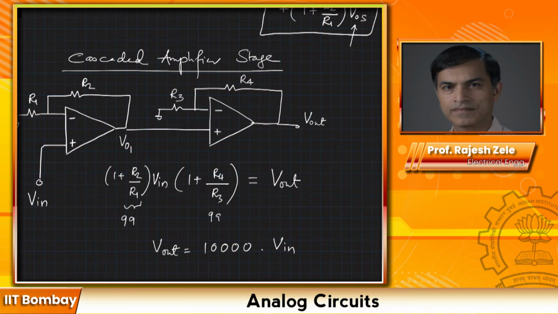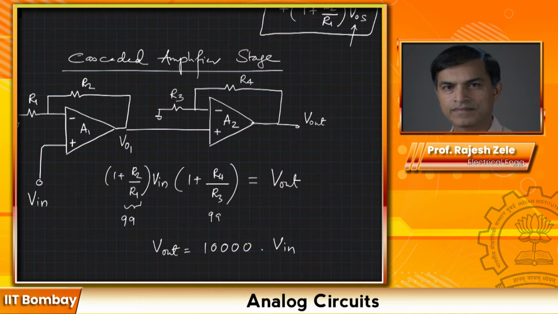So we can quickly see that let's insert offset voltage. As I said, we would like to insert the offset voltage, input referred offset voltage of the op-amp. Let's call this amplifier A1 and this is op-amp A2.